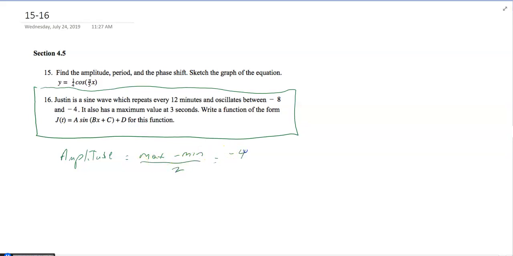It's -4 minus -8 over 2, which is 4 over 2, which gives you 2. So that's the amplitude, in absolute value, by the way. The period is where it repeats once. So the period would be 12, since it says it repeats every 12 minutes.